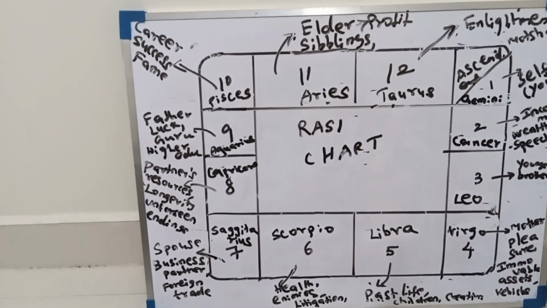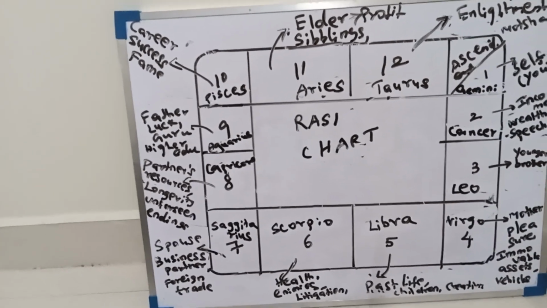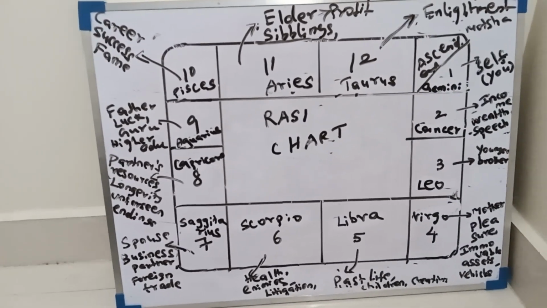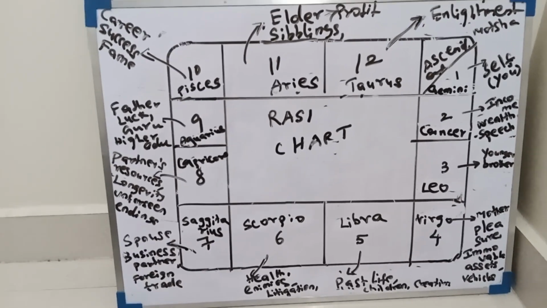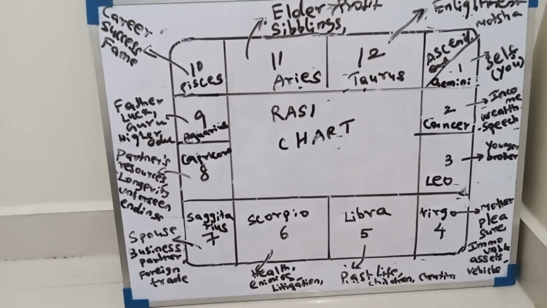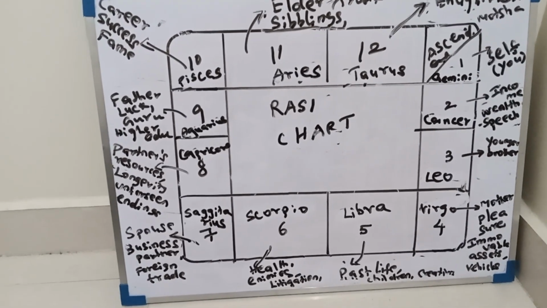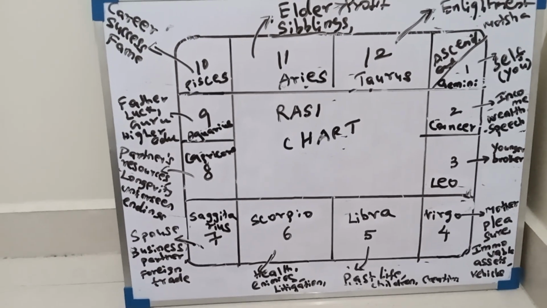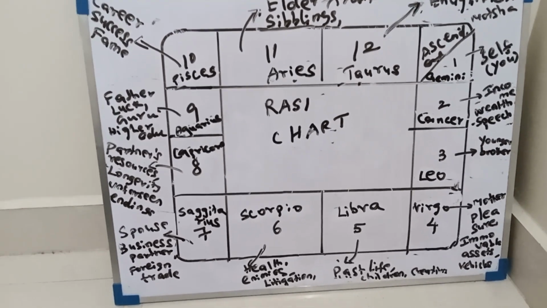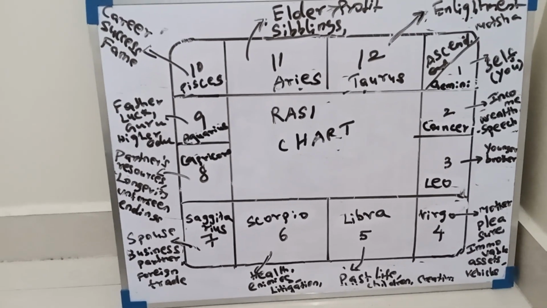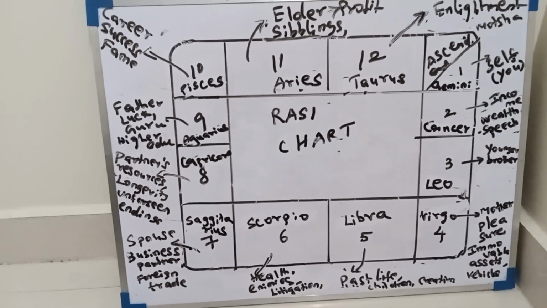Now, the moment you locate the ascendant or the slanting line in your chart, you can mark it with a pencil as number one and count 1, 2, 3, 4 in the clockwise direction in your Rasi chart. You mark number one as the ascendant, number two the second house, number three in the clockwise direction.